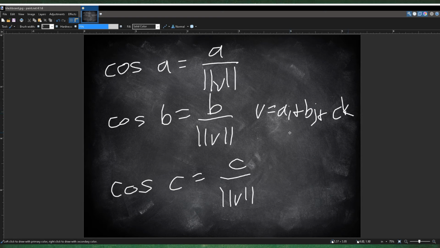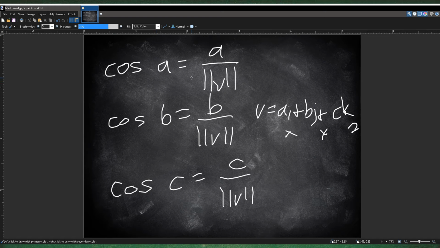Since this is the x, the y, and the z, if you wanted to find the x, you just put the coefficient in front of the i divided by the magnitude of the vector, and then find the inverse cosine of that.